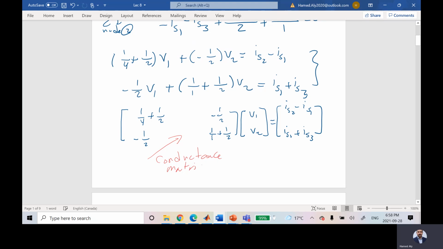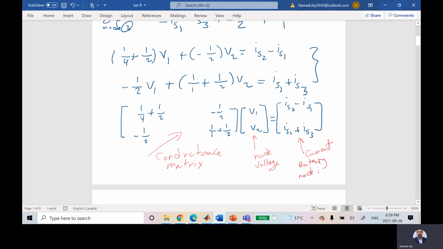Do you remember what the conductance is? 1 over R, yes. And we call this vector the node voltages. And we call this one the current entering node i.